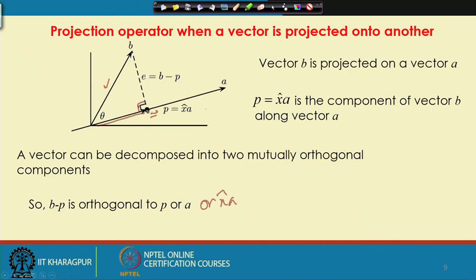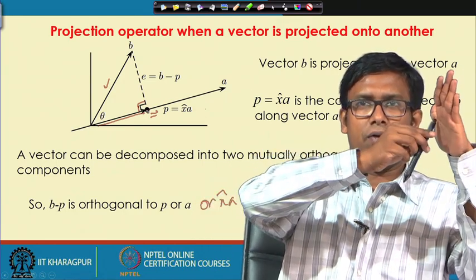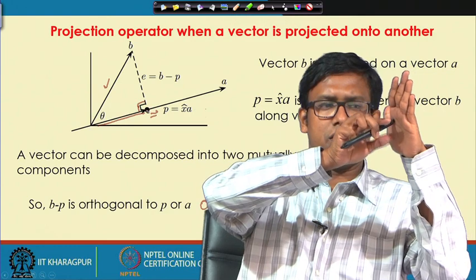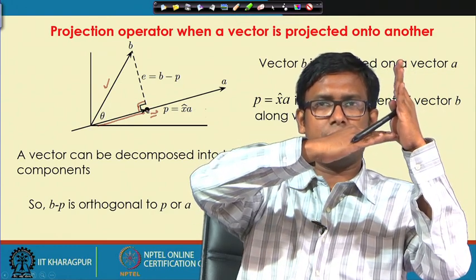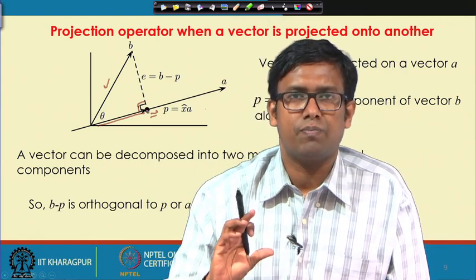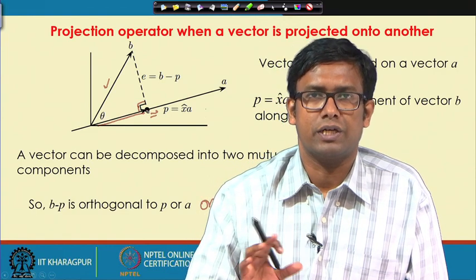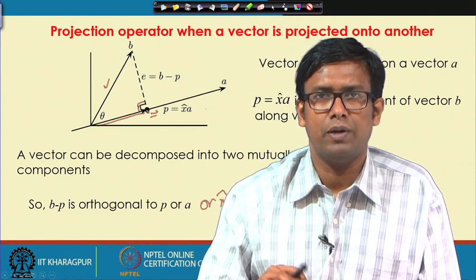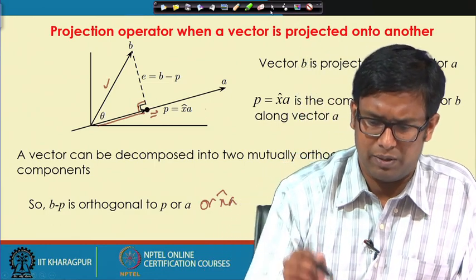We can again see that if we have this particular plane and we project a line here, this will be the projection, and this is the orthogonal part to the plane. So, B minus P, the left out part, must be orthogonal to the projection. B minus P should be orthogonal to P, and P is along A, P is x A. So, B minus P is orthogonal to A.